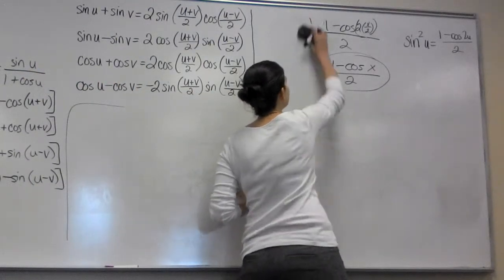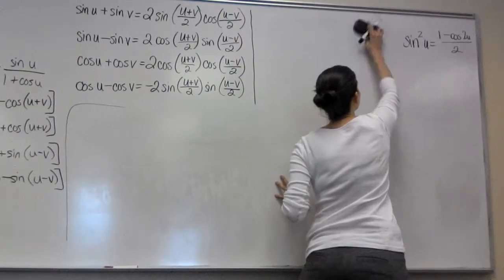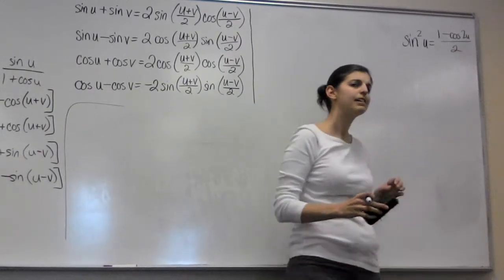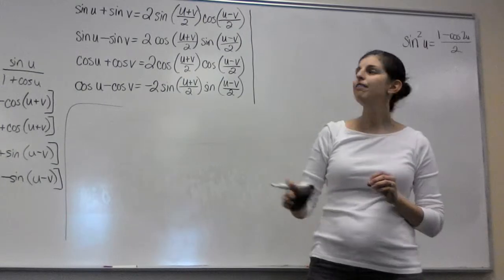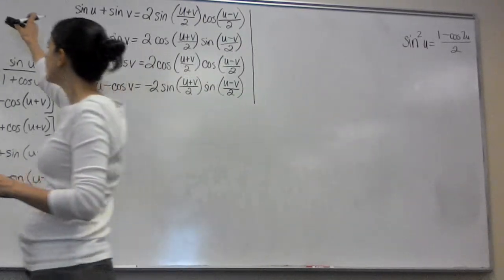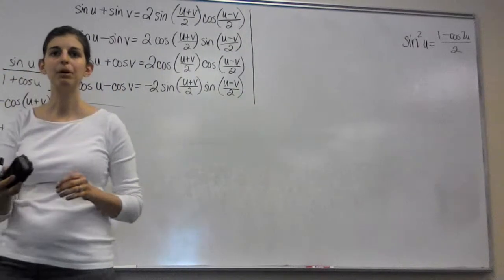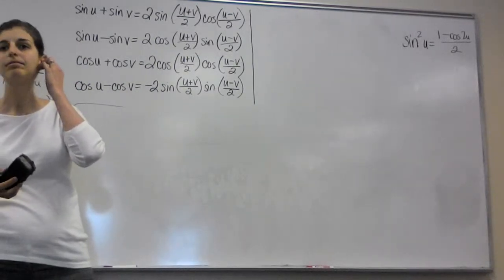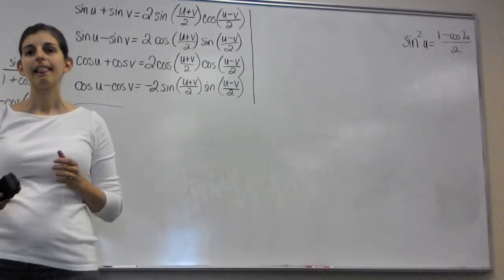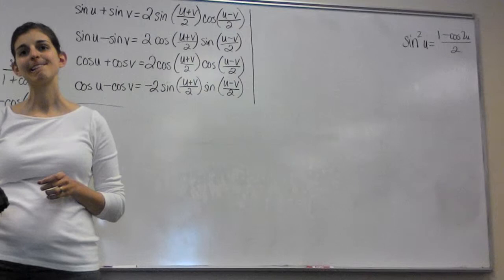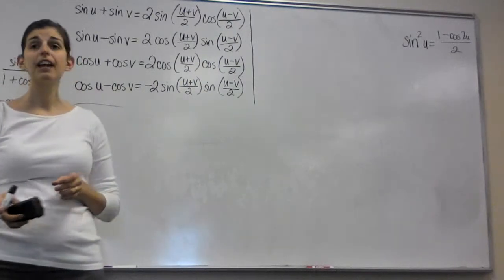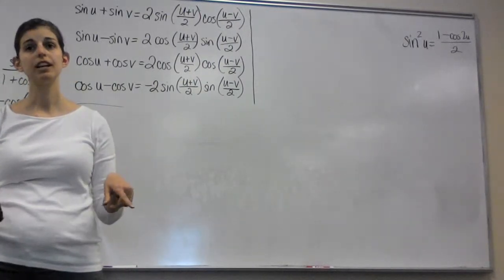Hey, Echo. Yes. So is that not the only answer for that? If you use this formula, you're going to have to simplify a little bit. But can we use any formula that has sine squared and cosine in it?